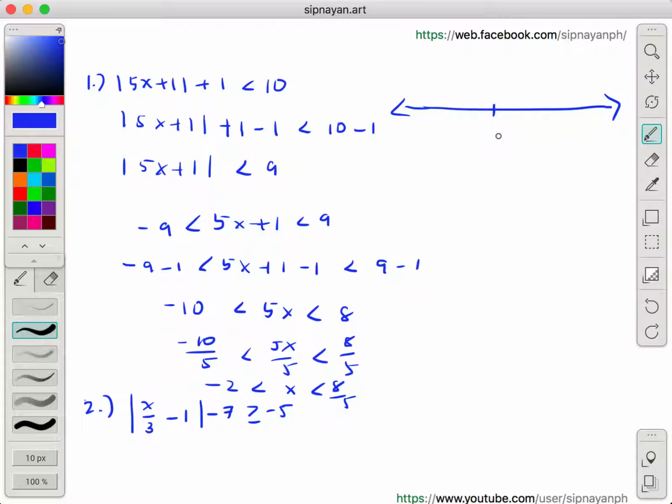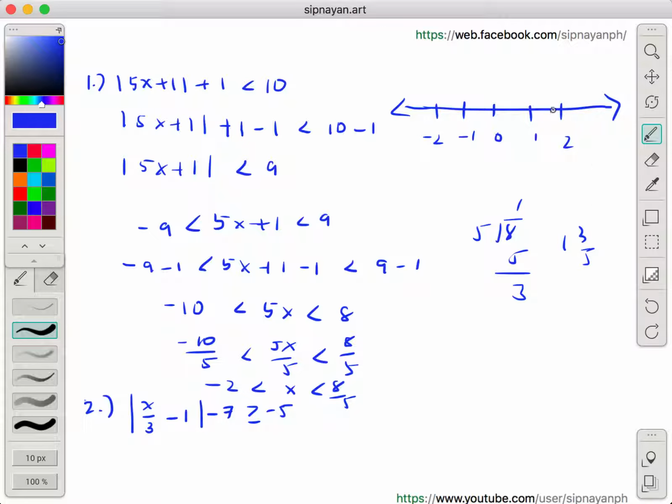If this is 0, this is negative 1, this is negative 2, then 1, 2. What is 8 over 5? It is 1 and 3/5, right? 1 times 5 is 5, plus 3, so 1 and 3/5.